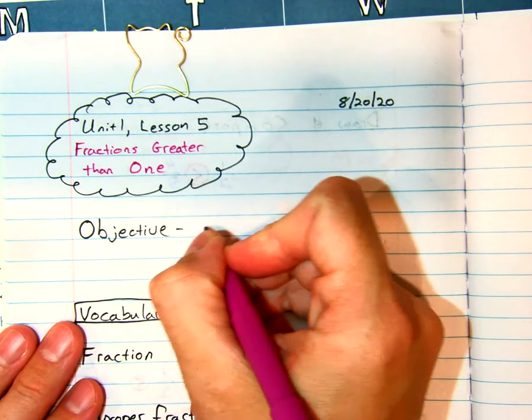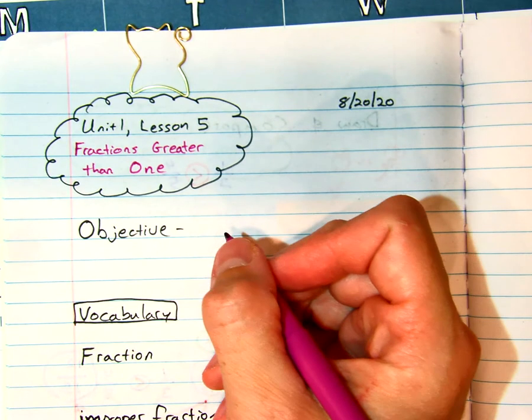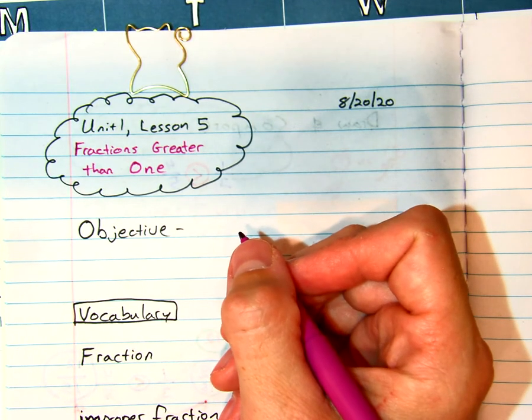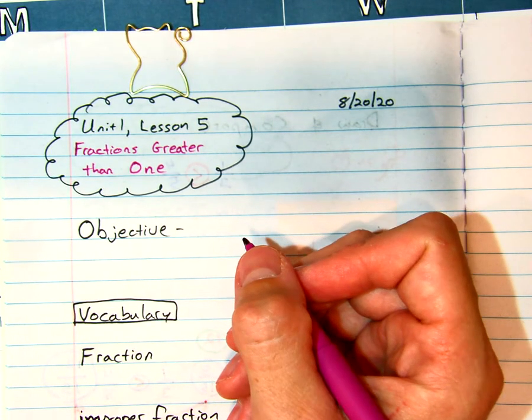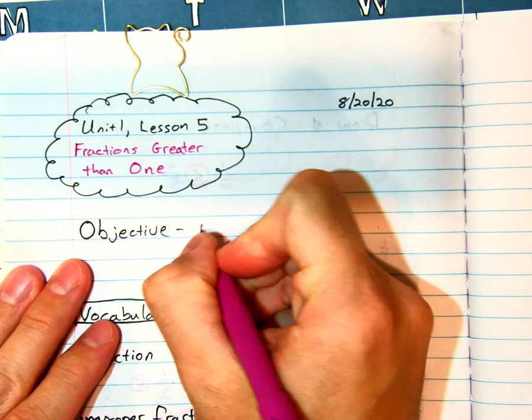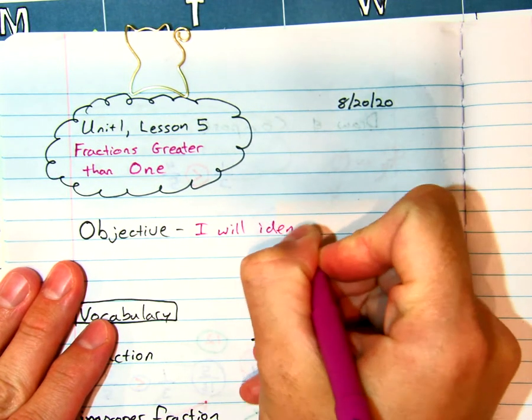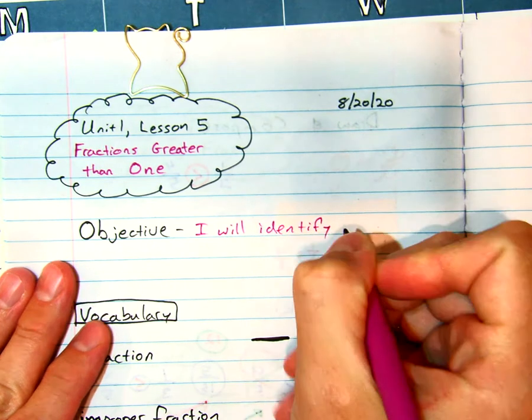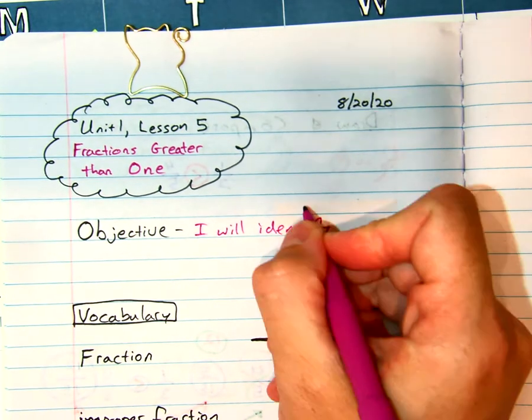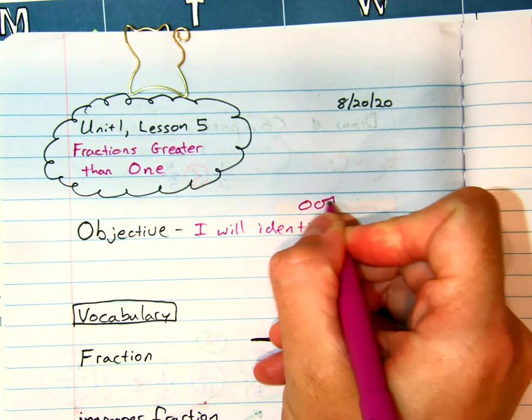All right. And let's see. Our objective will be pretty easy to hit today. We're going to identify, again, that's something we're going to do visually. I want to see it.